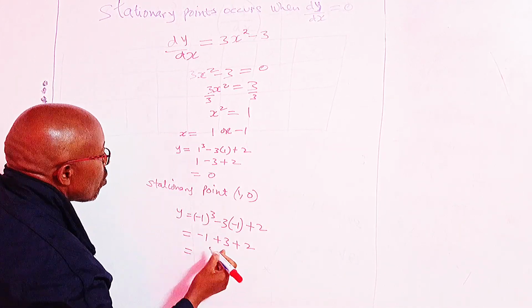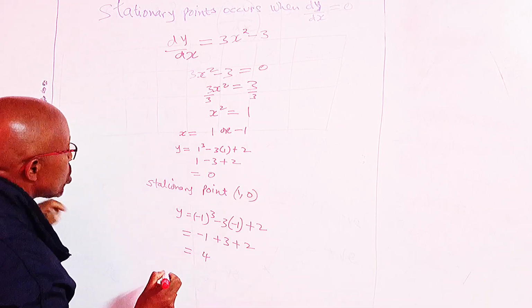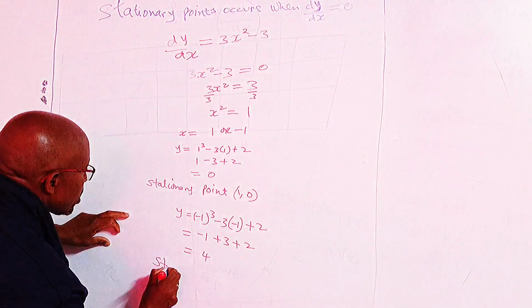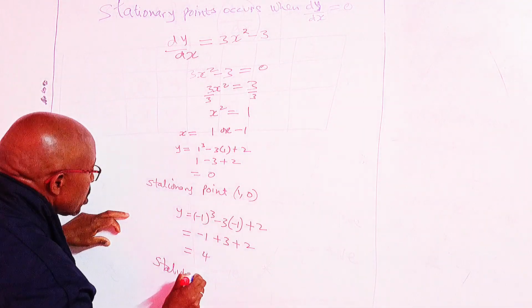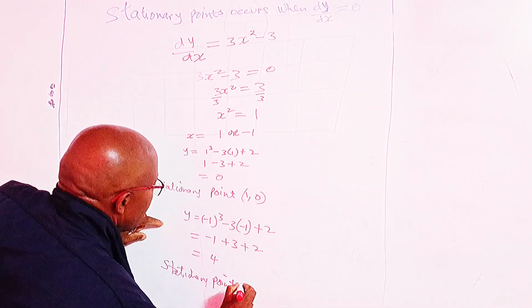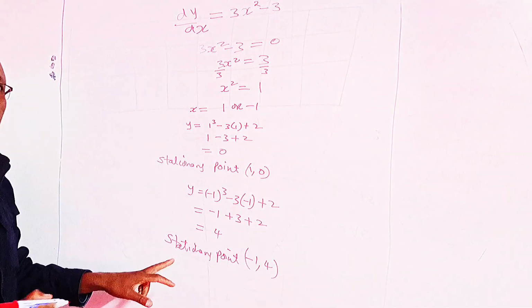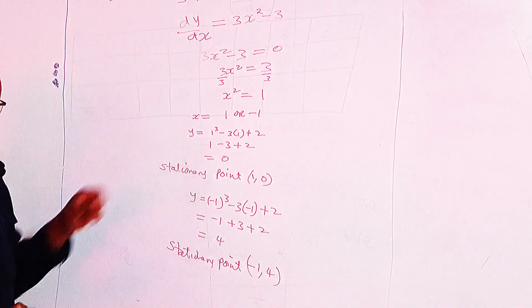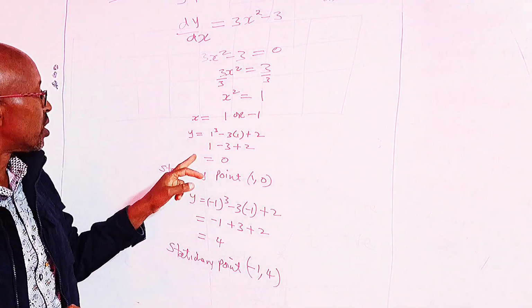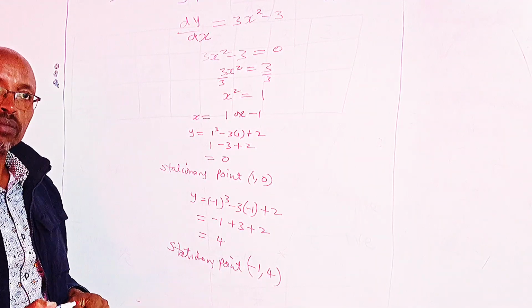So 5 minus 1, you get 4. So we have our stationary point as negative 1, 4. So we have two stationary points there. One is 1, 0, the other one is negative 1, 4.